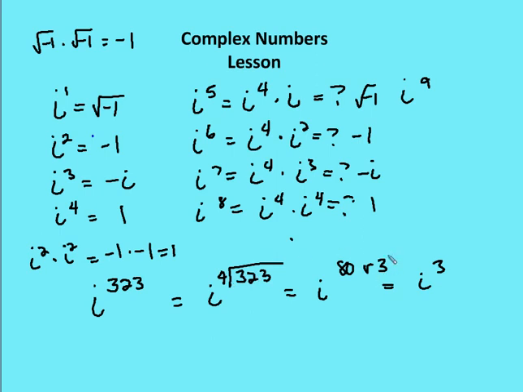You'd get 80 with a remainder of 3. That remainder is the reference value for whatever i to that exponent is going to be. In this case, it's i to the third, which would be negative i. So all you have to do is remember these 4 values, or you can just work them out as I've done to figure out what the value is of i to any exponent.